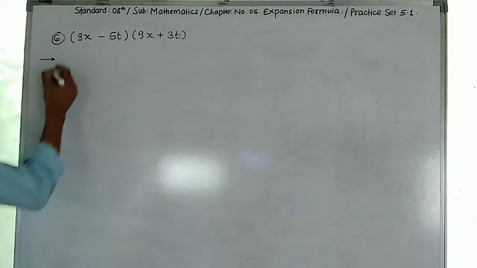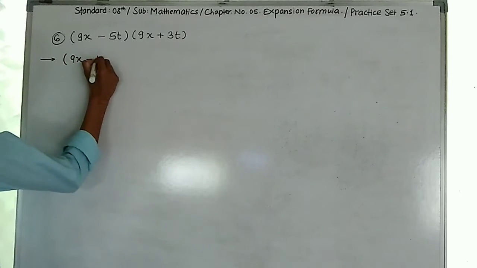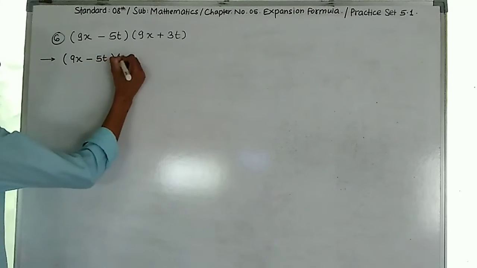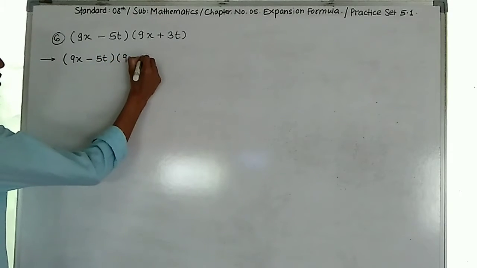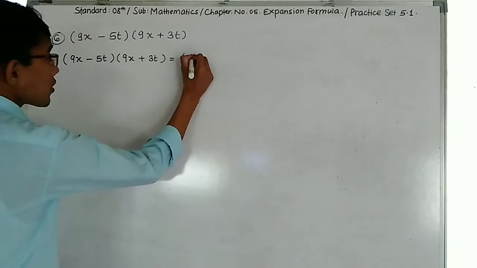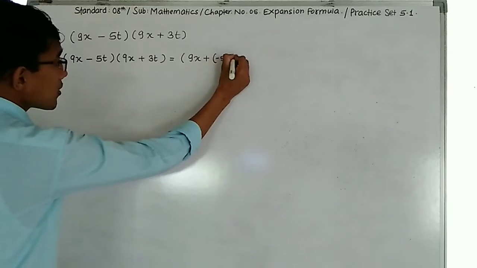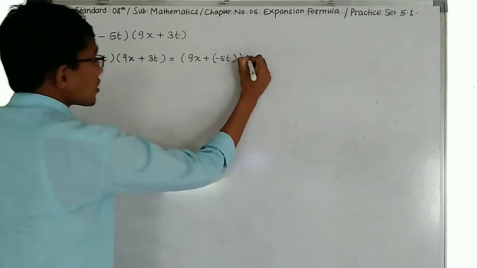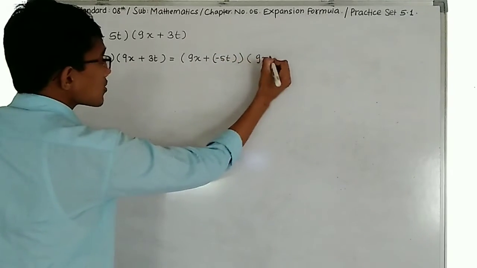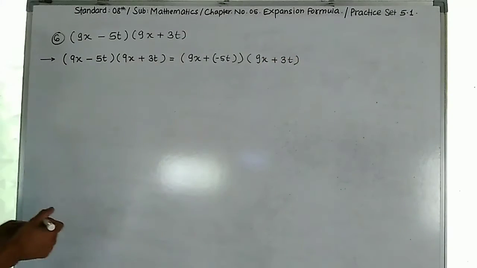Okay, so what I can do, I can write 9x minus 5t into 9x plus 3t is equal to 9x plus in bracket minus 5t, bracket complete, into 9x plus 3t.